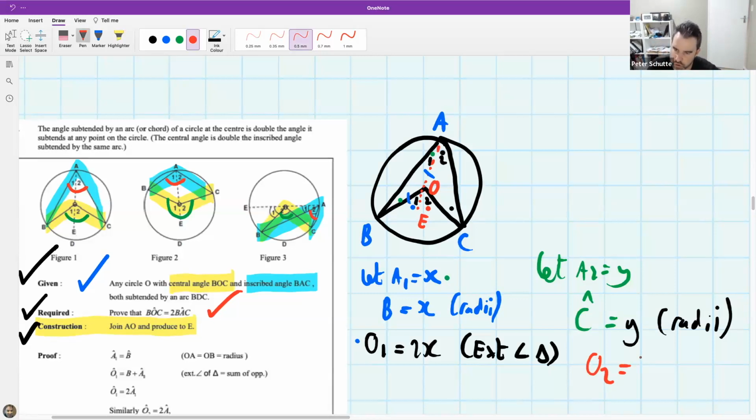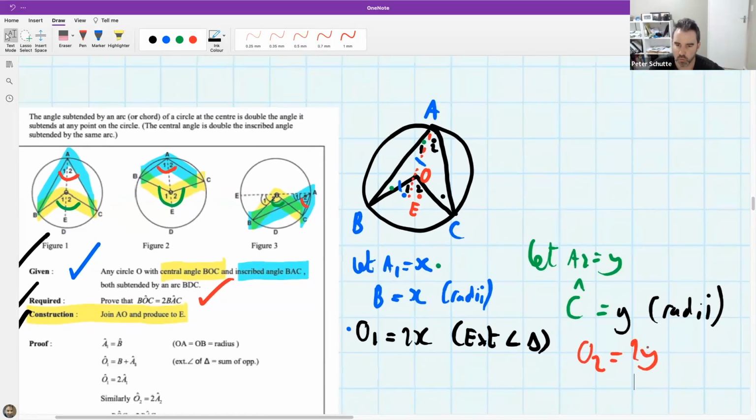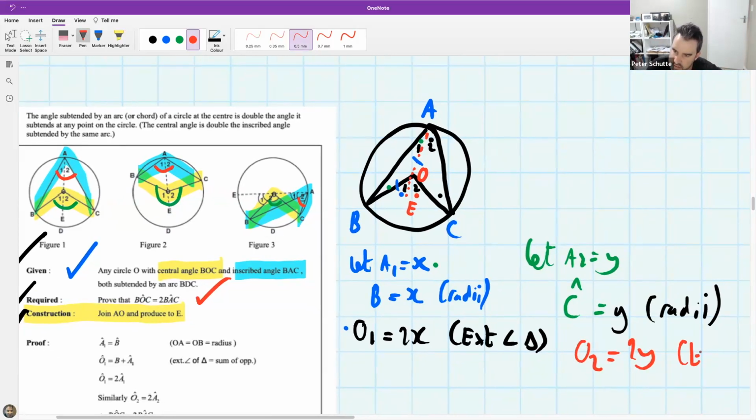Okay, so O2 is going to be 2Y, and what is the reason going to be? It's going to be exterior angle of a triangle. But you know what we found out, ladies and gentlemen?